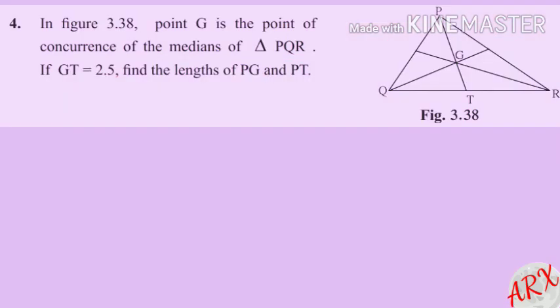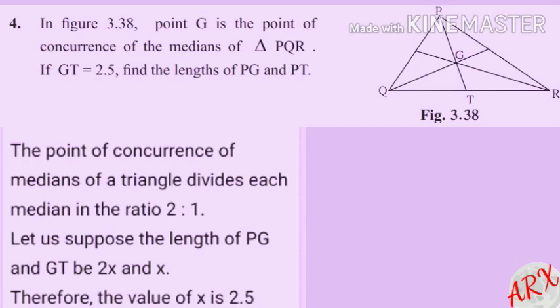Now we will move on to question number 4. In the figure, point G is the point of concurrence of the medians of triangle PQR. If GT equals 2.5, find the lengths of PG and PT. As we know, the point of concurrence of medians of a triangle divides each median in the ratio 2:1.